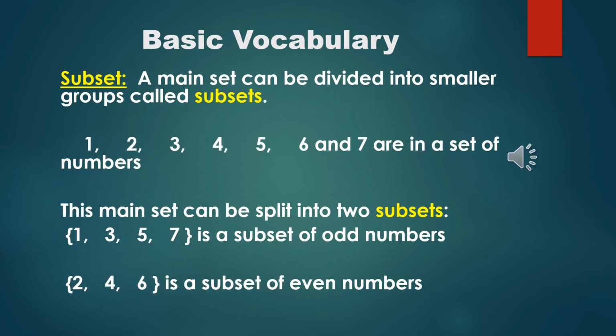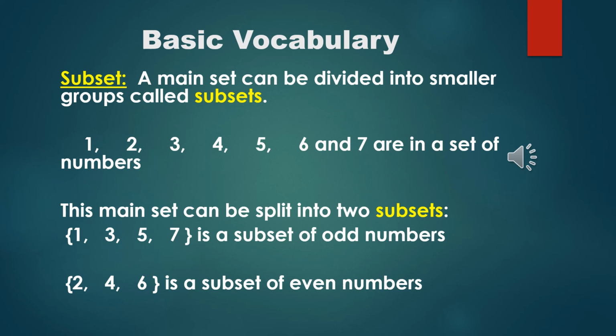Another vocabulary word that you need is the word subset. A main set can be divided into smaller groups called subsets. The numbers 1, 2, 3, 4, 5, 6, and 7 are in a set of numbers.